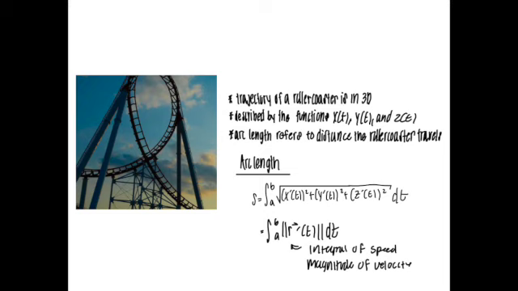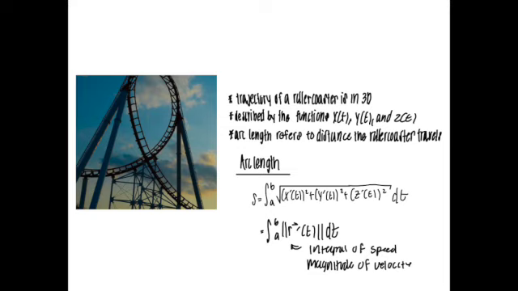To find the total distance that the roller coaster travels along a specific path on the track, we need to find the arc length of the path. Normally, there's a mathematical way to find this, which is the formula. And the formula also takes into account the x of t, y of t, and z of t functions.